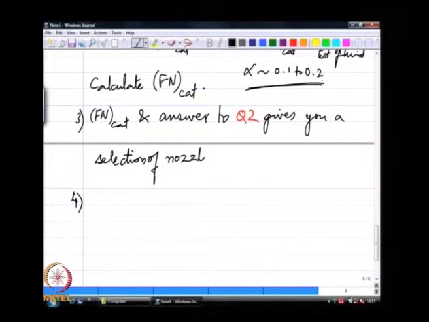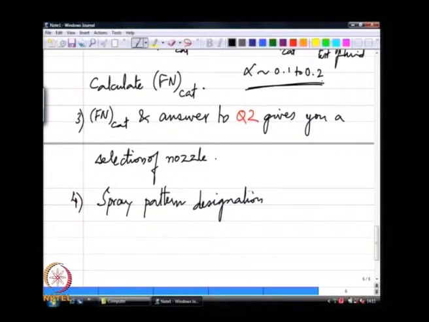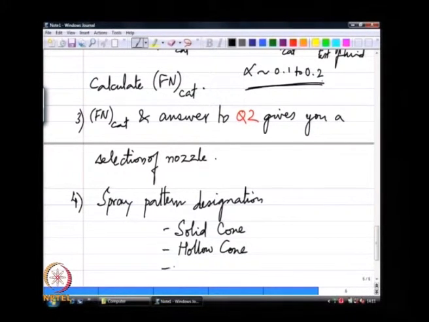Now, at this stage, most of these spray nozzle manufacturers have what is called a spray pattern designation. In terms of what are called solid cone spray nozzles or hollow cone spray nozzles or mixed spray nozzles, sort of like a small, medium, large. Okay.